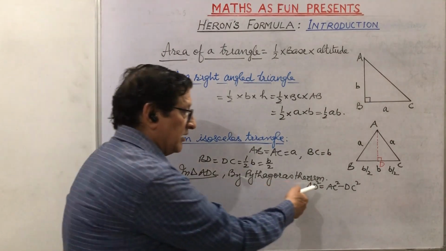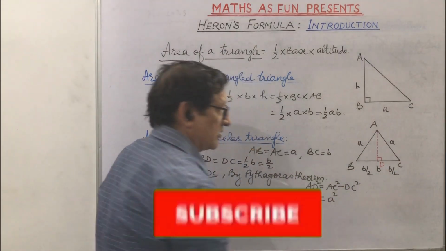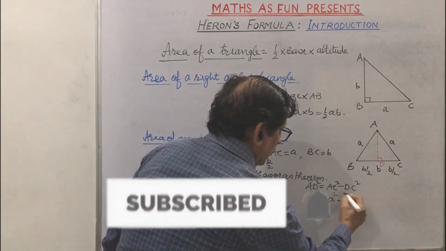Then what is AC? AC is A. This is A square. DC, that is B by 2 square.